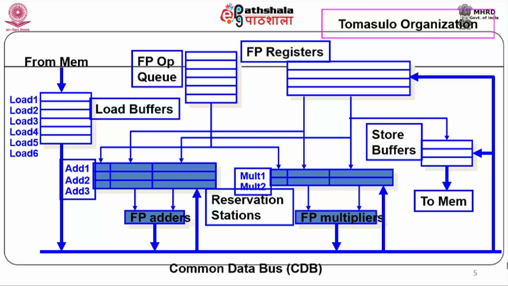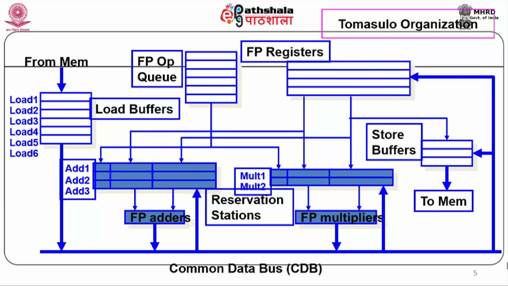For store instructions, you have the store buffers. When each instruction is issued, its details are given to the reservation station. Operands are already buffered into the reservation stations from the floating point registers. If some operand is not available because it is dependent on an earlier instruction, the reservation station will hold information about which instruction is to produce that result.